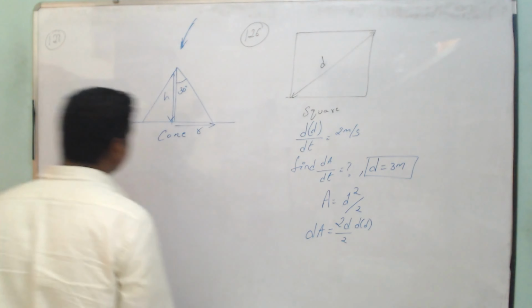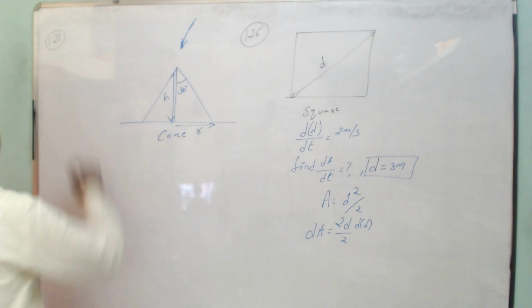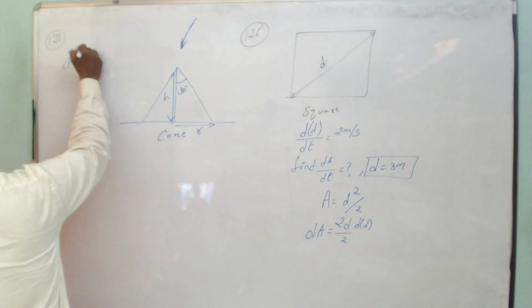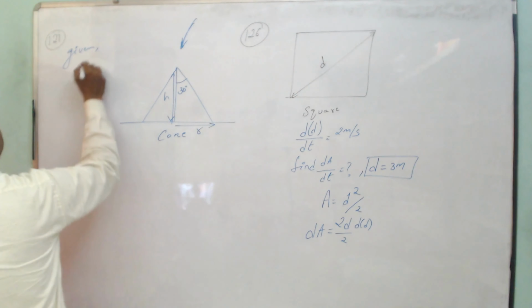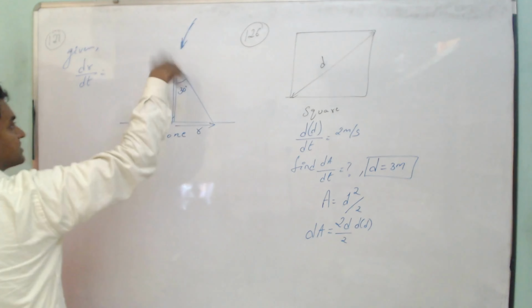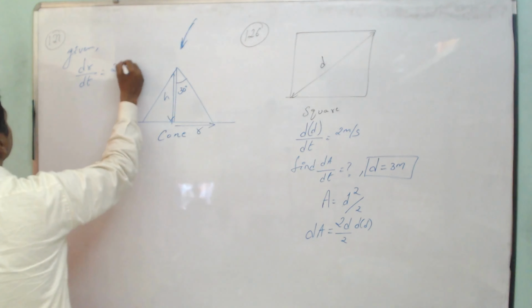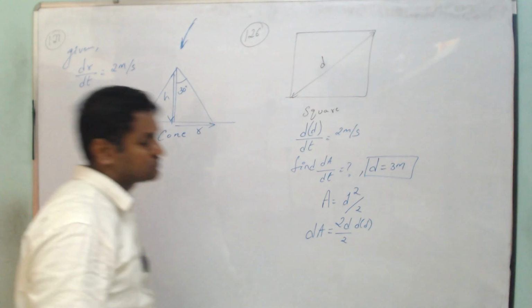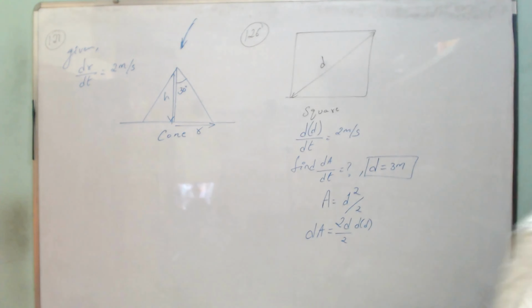It is given that the rate at which the radius of the cone is varying as the sand is poured is 2 meters per second.